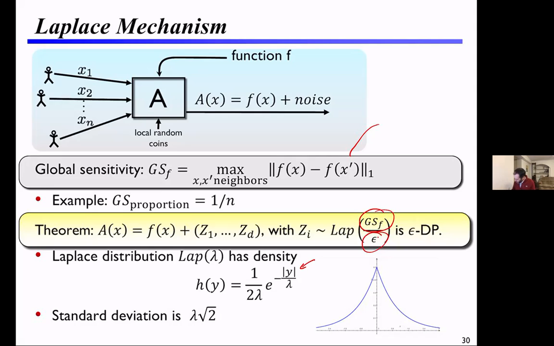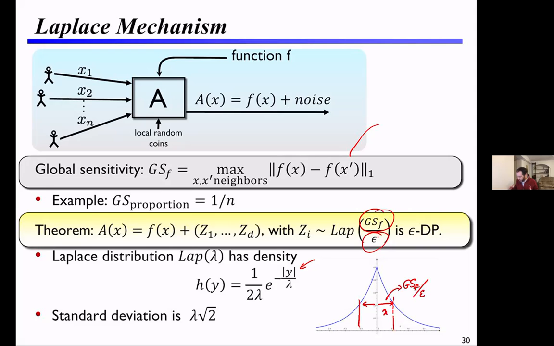All lambda is doing is rescaling the distribution. Lambda is roughly the measure of how spread out the distribution is. So the rough magnitude of the noise you're going to add is given by this global sensitivity over epsilon.